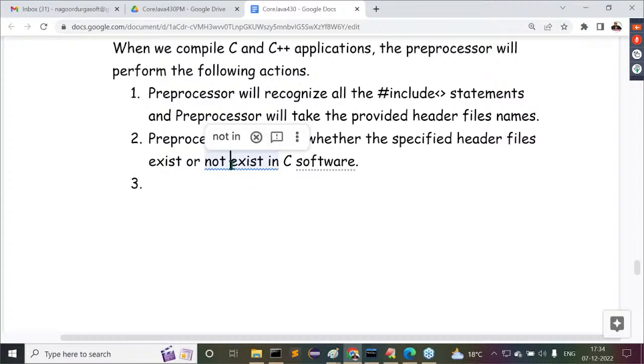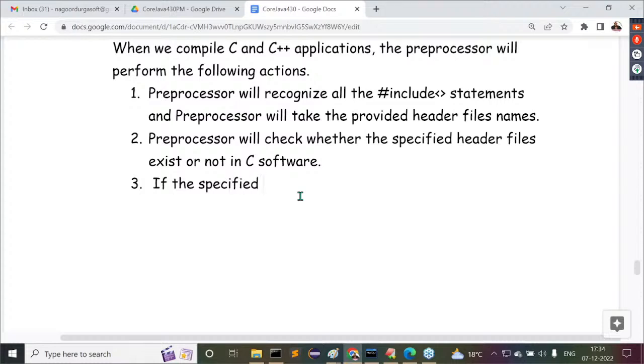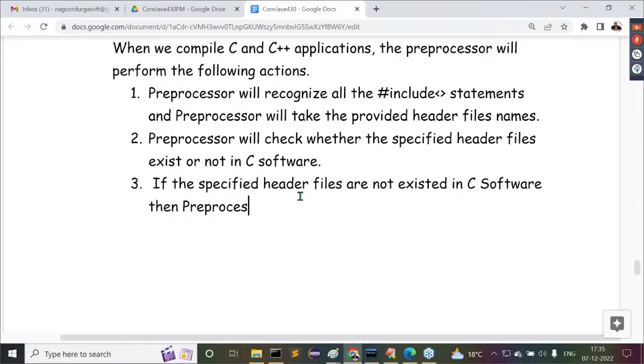Here the point is, if the specified header files do not exist in the C software, then what are we able to get? If the specified header files do not exist in the C software, then the preprocessor will raise an error, like library does not exist.